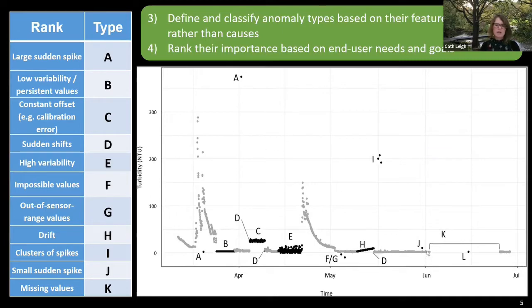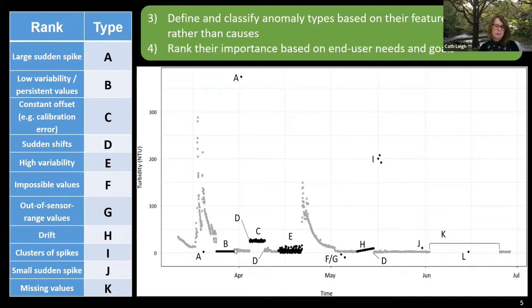We can also have smaller spikes, such as this one labelled J here, or sudden shifts up and down, which are also similar to the spikes, but only one side of that neighbouring data is offset.